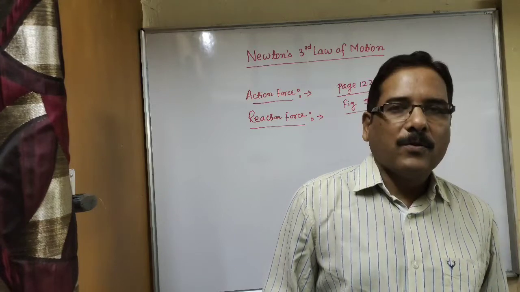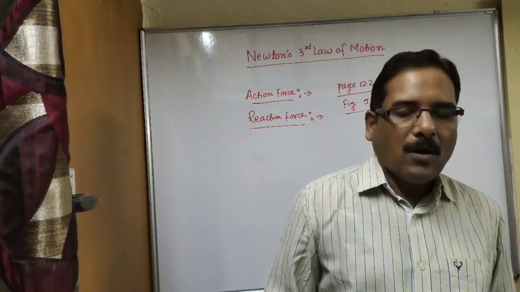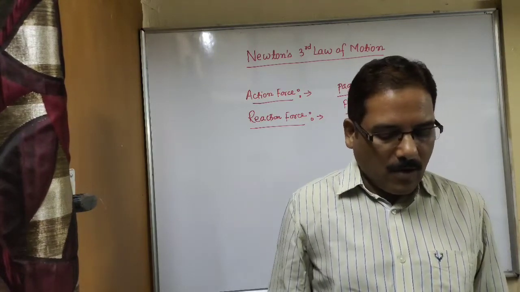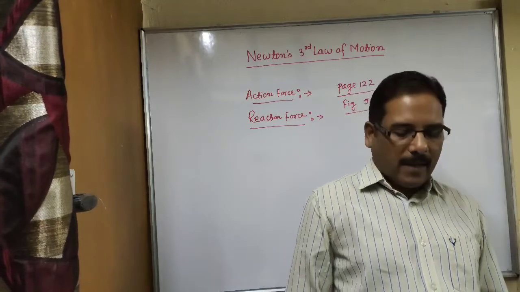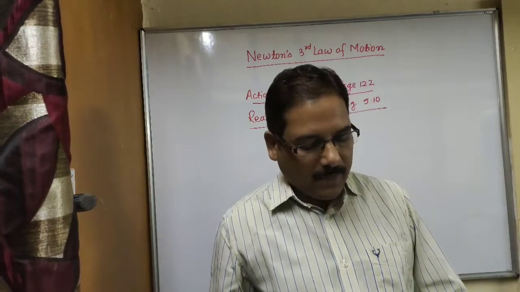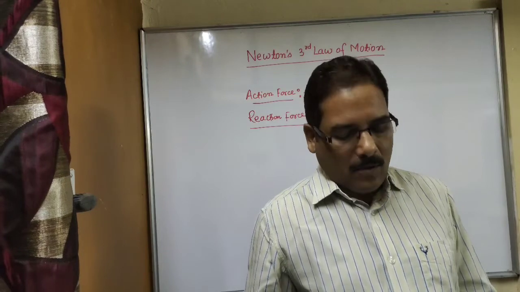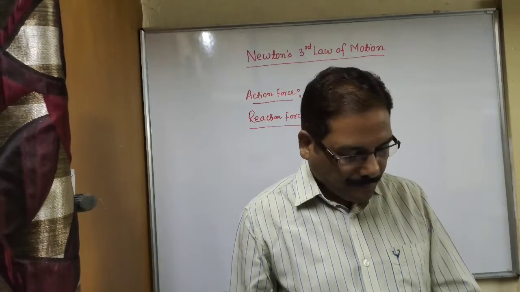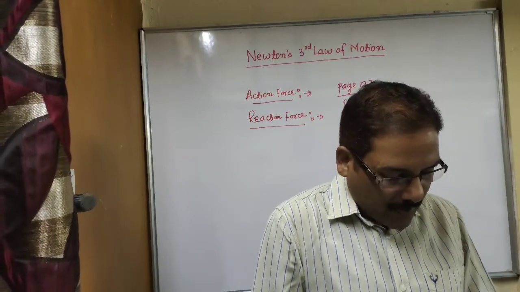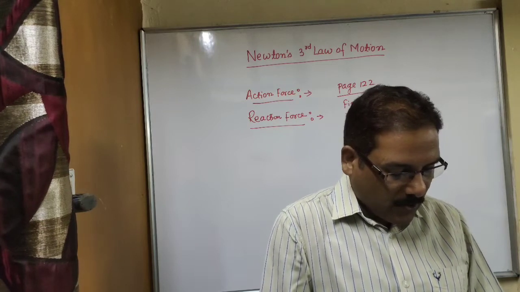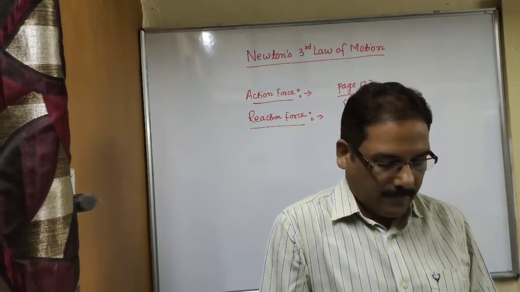So you are applying force on the hook, or you are just pulling the hook of spring balance A. So spring balance B also shows some reading. It is observed that both the spring balances show the same readings on their scales.